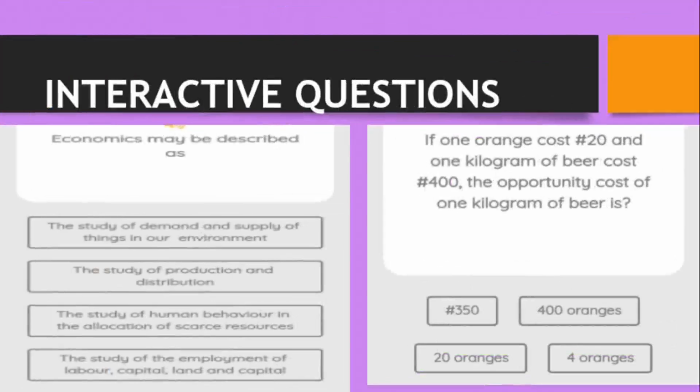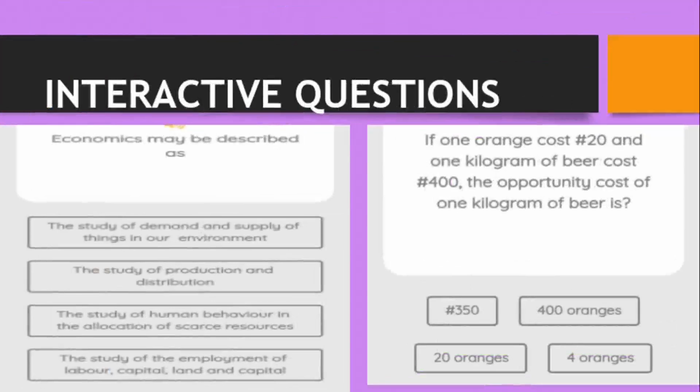Now, the next one. If one orange costs 20 naira and 1 kilogram of beer costs 400 naira, the opportunity cost of 1 kilogram of beer is what? Remember, we said opportunity cost is the alternative that you have forgone. So we have left the oranges to pick the beer. What's the opportunity cost of taking the beer and leaving the orange?